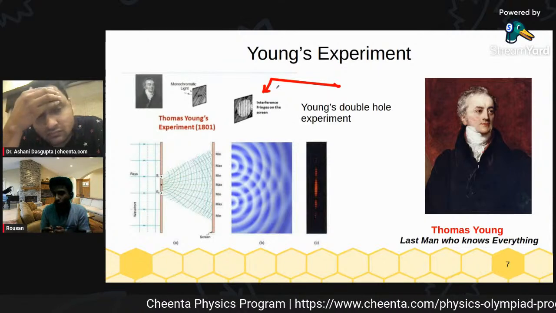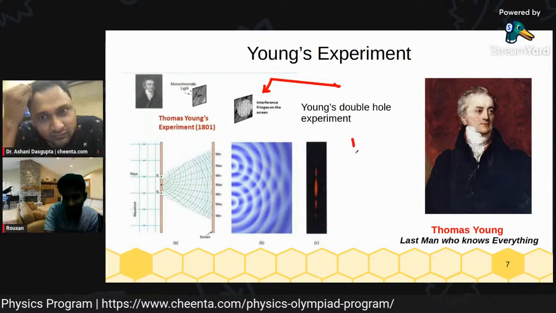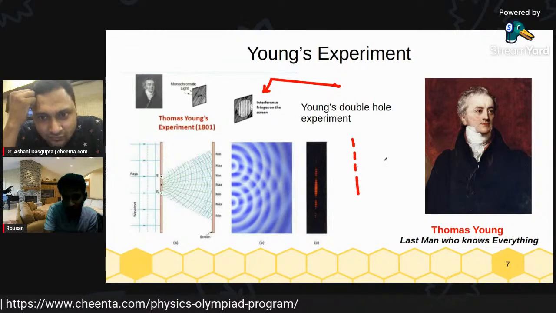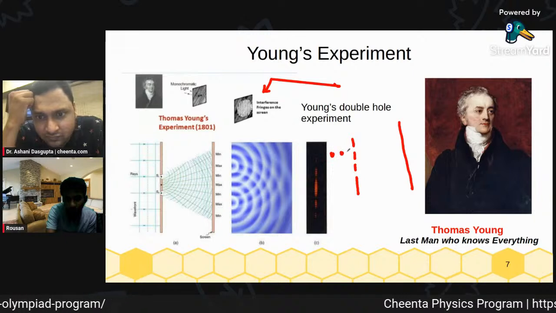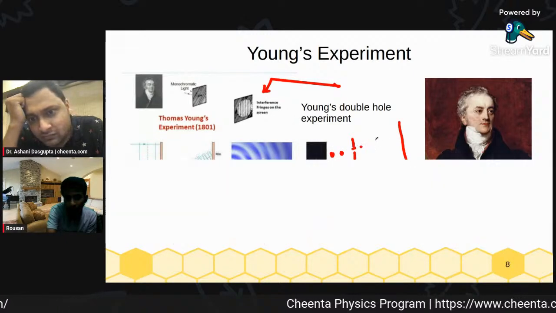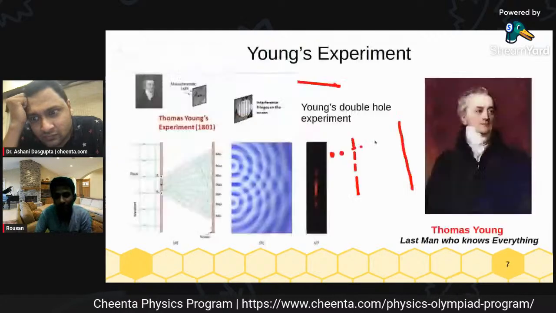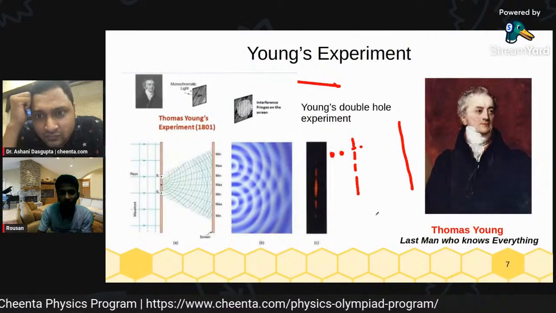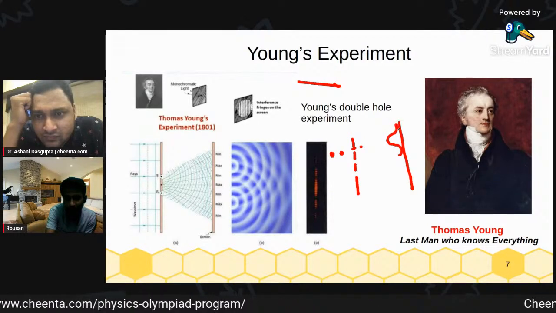Now, what does the particle nature tell us? If I try to show you a little bit of the theory, if I throw small bullets, what will happen? The bullets will go through this particular hole, and maybe they will fall at this particular region.